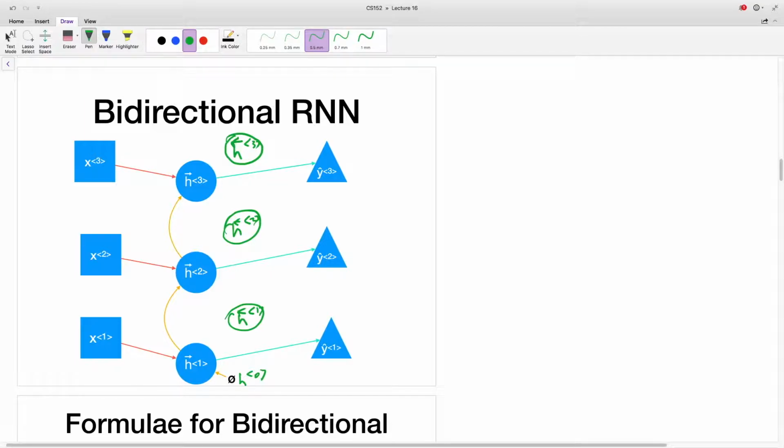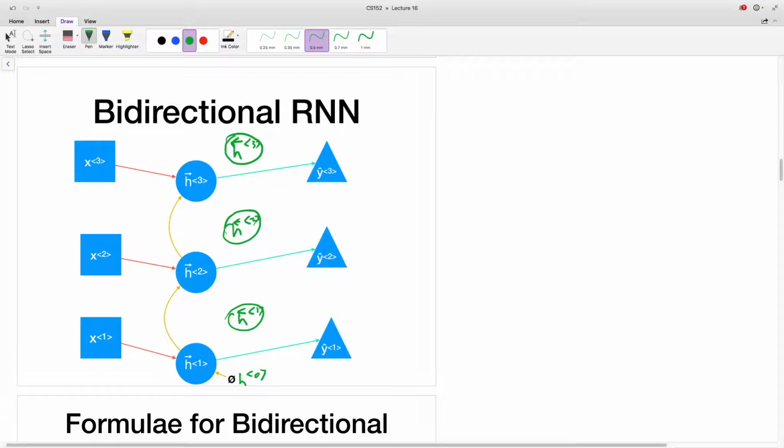And what connections do we have? Well, which one's computed first? The lowest? No, because we're going backwards. I meant the lowest from forward, the first. Okay, yes. So here we compute first h right arrow 1, h right arrow 2, h right arrow 3.